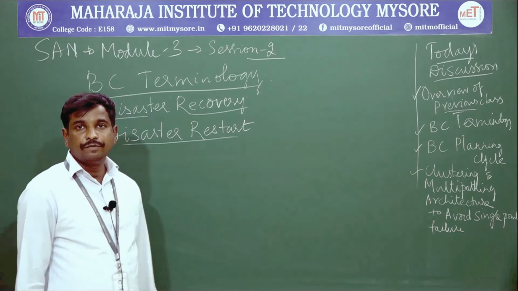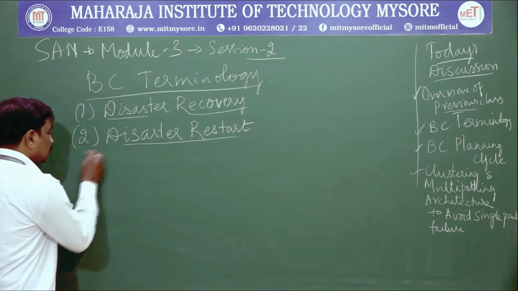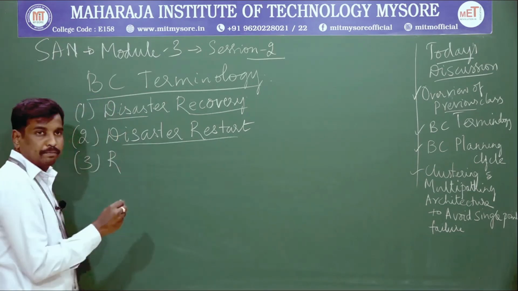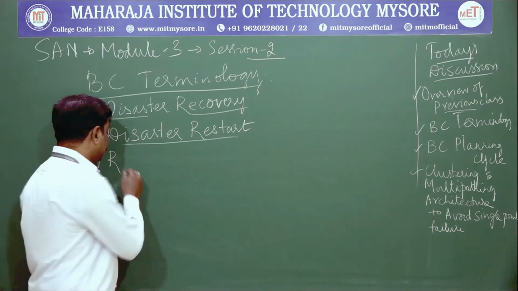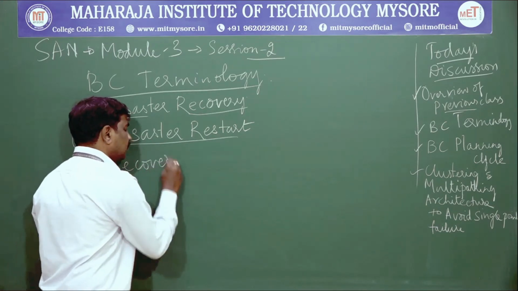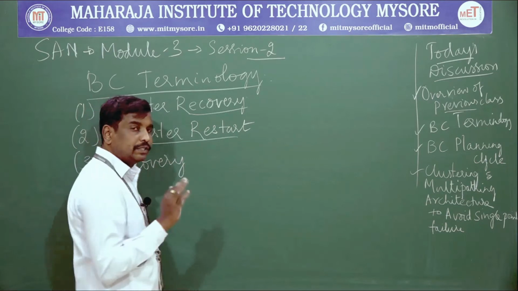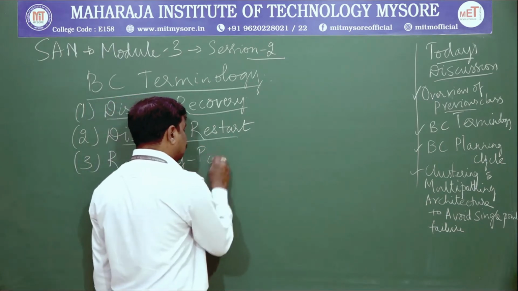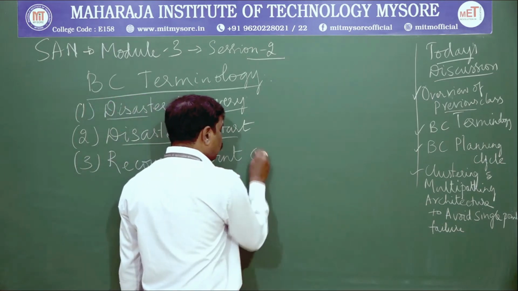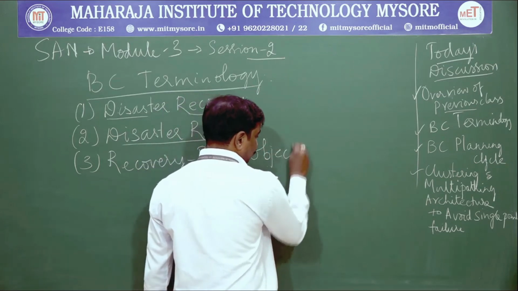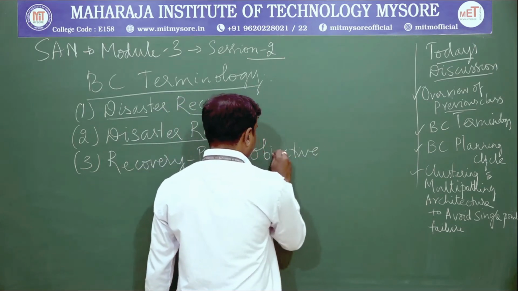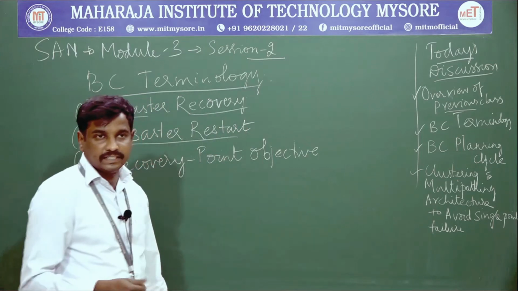Along with that, we are using something called recovery point objectives. This comes under business continuity planning. First, we need to understand what terminology we use for improving the business continuity.